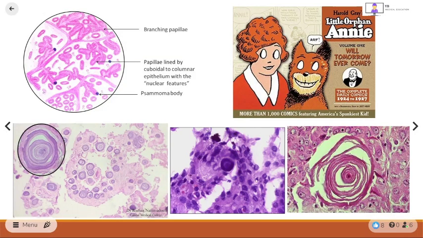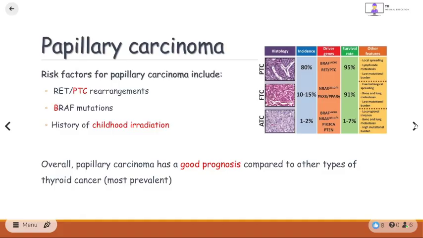So you have to know these characteristics of papillary carcinoma in order to be able to diagnose it on the question. So what is the trigger of papillary carcinoma? It's a mutation in RET, the papillary thyroid carcinoma rearrangements, or BRAF mutation. It's high yield to know these two, RET and BRAF. And the trigger of the trigger is irradiation.